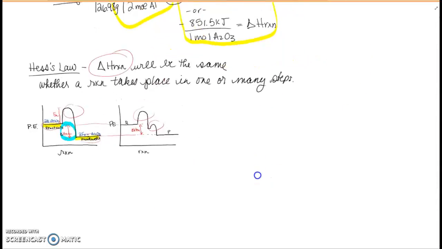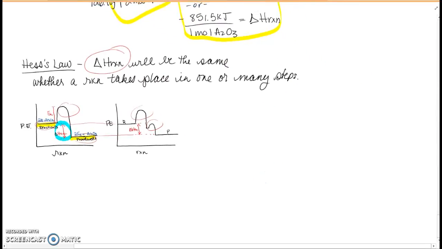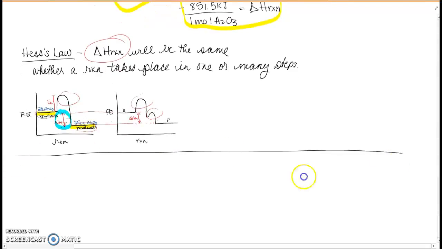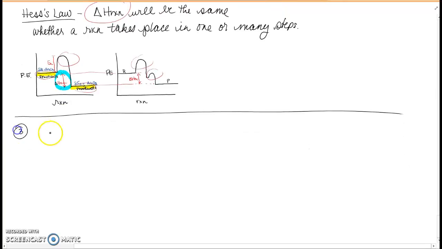All right, so that is number 2 when we're manipulating the steps in the reaction, and that's how that works. Number 3 would be if you are given delta H sub F. This is known as heat of formation.